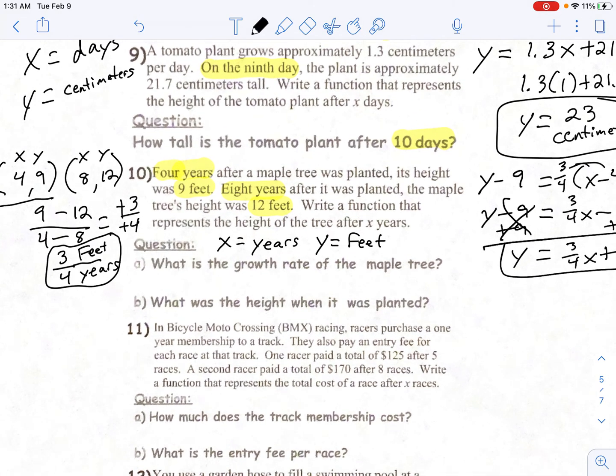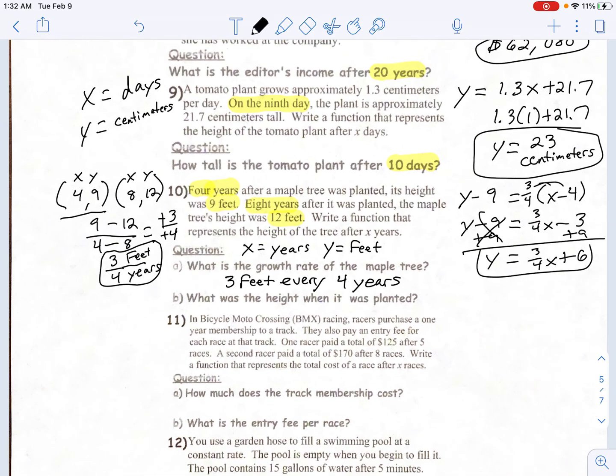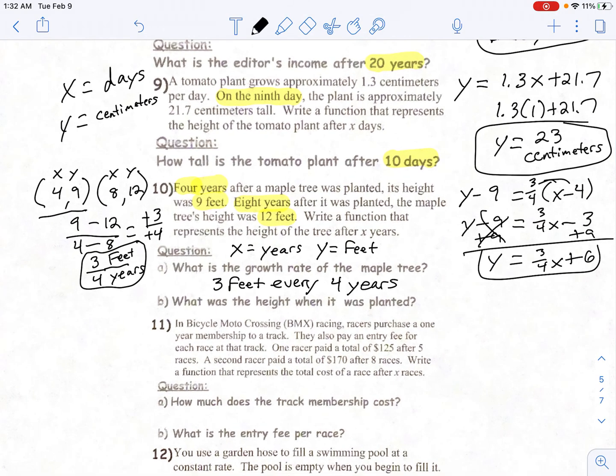What is the growth rate of the maple tree? 3/4 is the rate, and we've actually already written it down. The growth rate is 3 feet every 4 years. All right? And then it says, what was the height when it was planted? Meaning, what was the original or quote-unquote initial height?